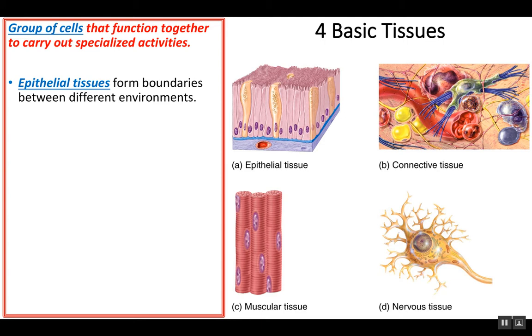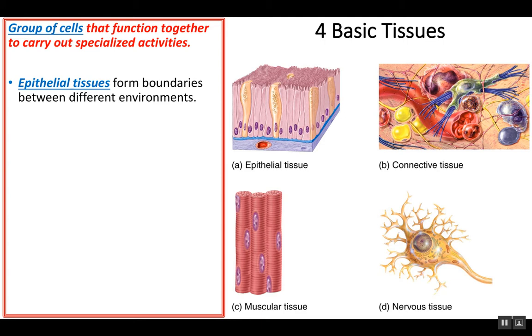Epithelial tissue forms boundaries between environments. They form sheets of cells. A good example of an epithelial tissue is your epidermis of the skin. That epidermis of the skin is a boundary between the external environment and the internal environment.